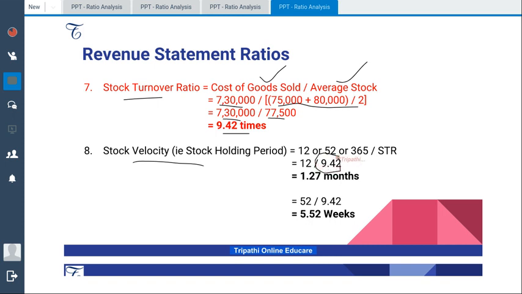STR, stock turnover ratio. So 12 upon 9.42 will give you 1.27. So stock holding period is 1.27 months of this company. Same thing you can calculate in weeks, you will get 5.52 weeks.